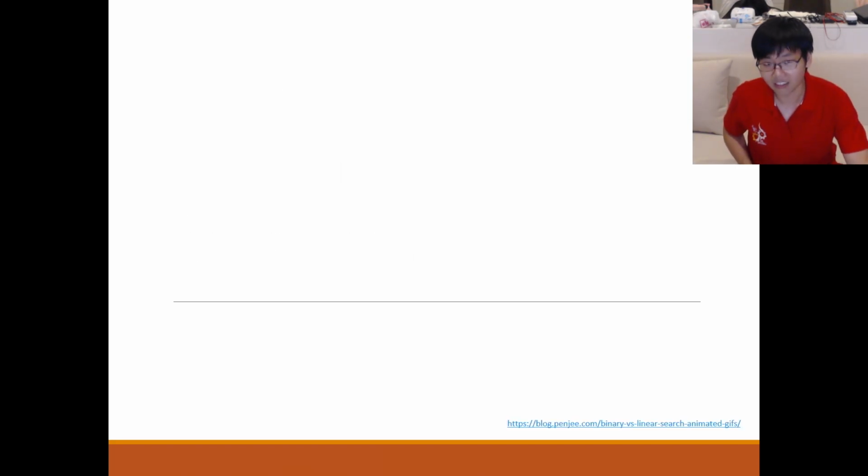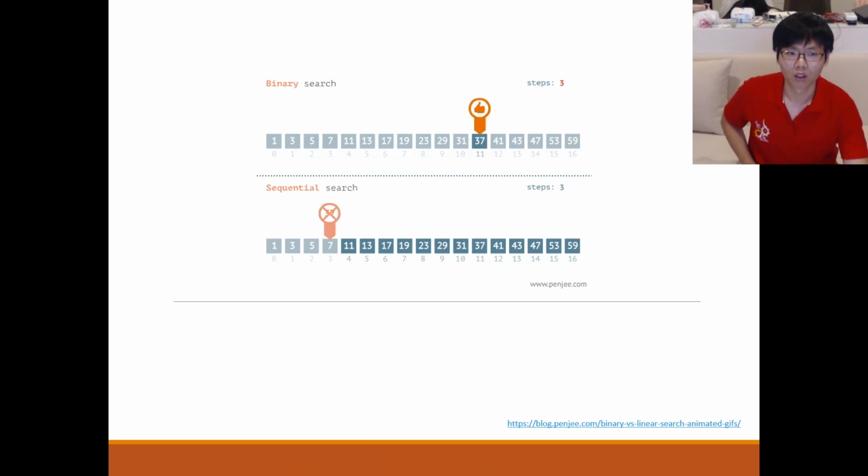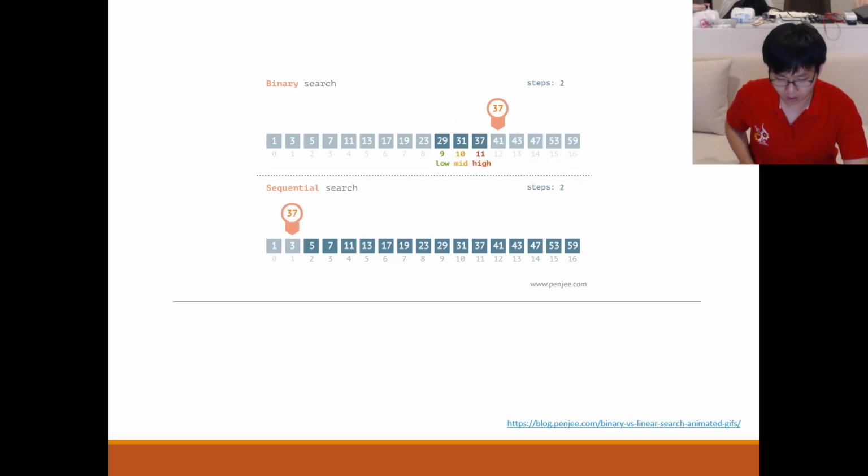So look at this animation. This one shows the comparison between binary search and sequential search. Okay, look at it again. From the starting point, you can see that binary search finds the middle point, makes a comparison, and goes to another place.